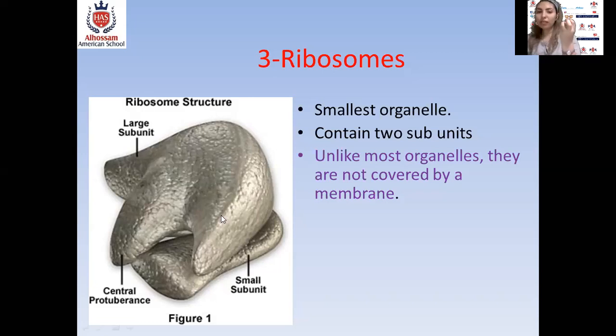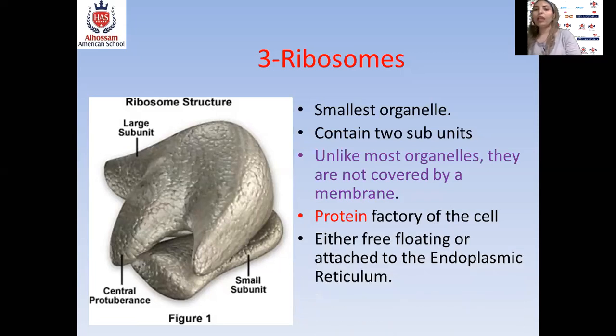Because it's solid, no need for a cover. We call ribosomes the protein factory of the cell. They are either free floating or attached to endoplasmic reticulum. So we can see ribosomes free in the cytoplasm or attached to another organelle called endoplasmic reticulum.